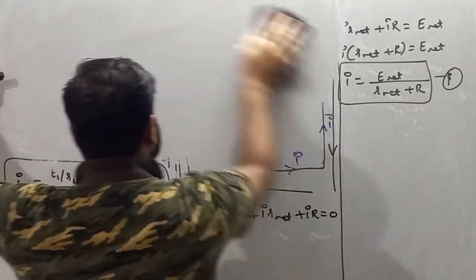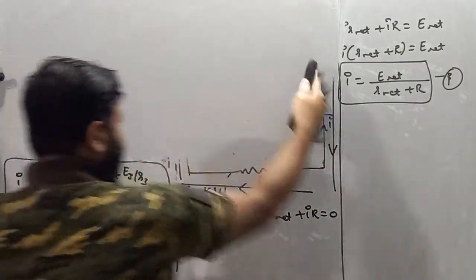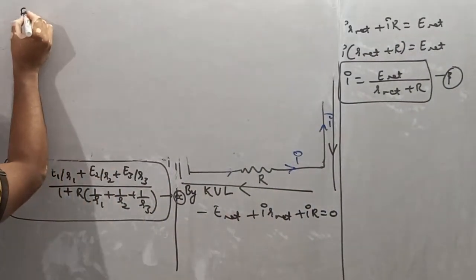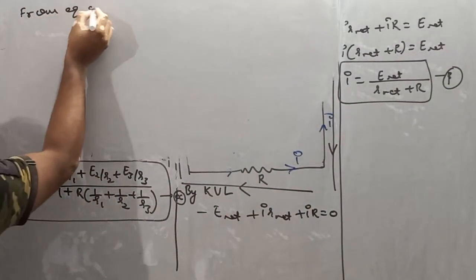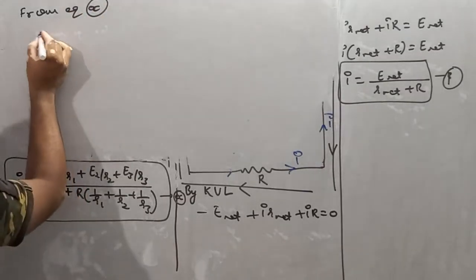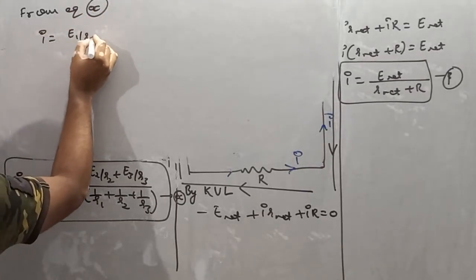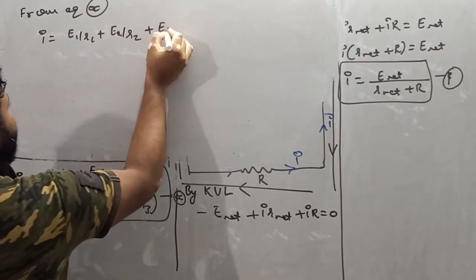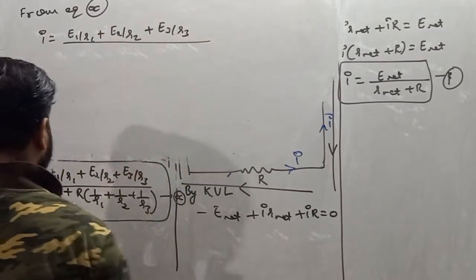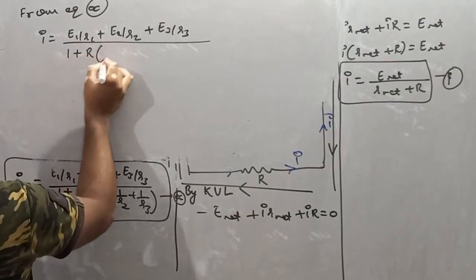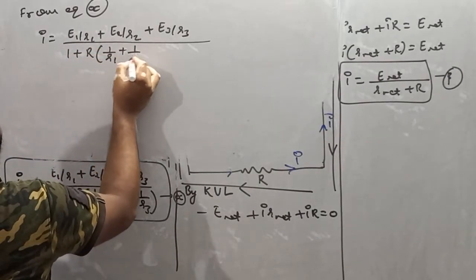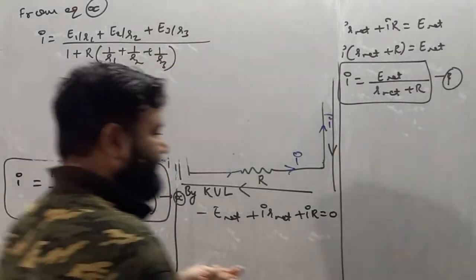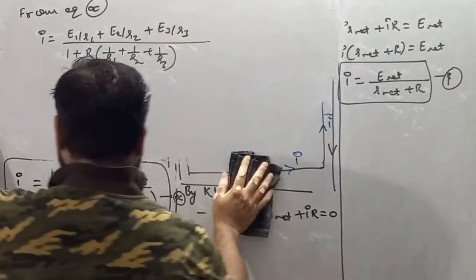So now we have to take equation alpha. I am writing here, from equation alpha, it is I is equal to E1 by R1 plus E2 by R2 plus E3 by R3 whole divided by 1 plus R, 1 by R1 plus 1 by R2 plus 1 by R3. Now see, dear student, what we have to do.